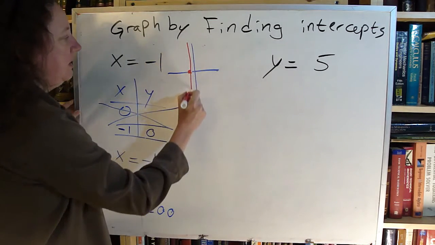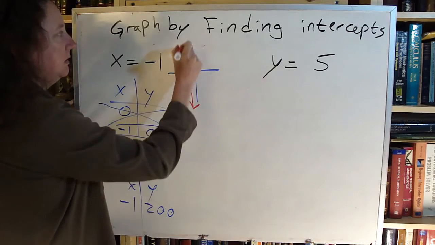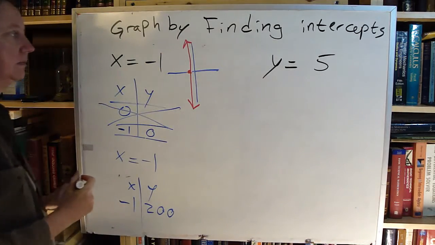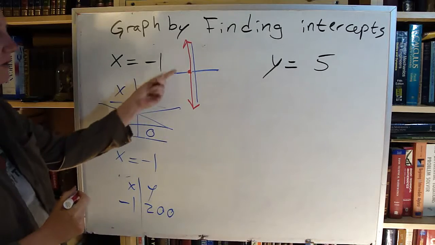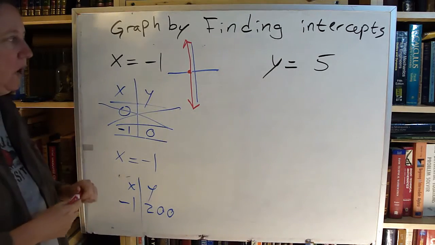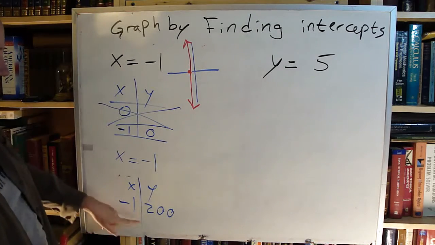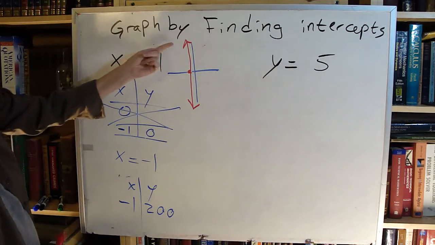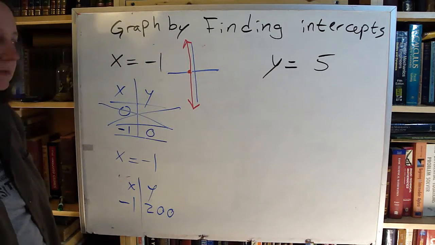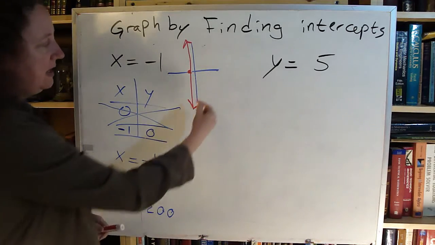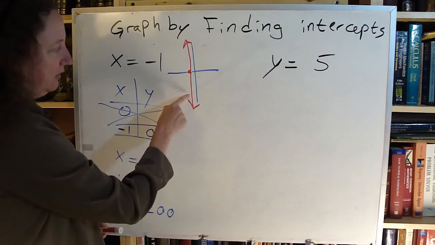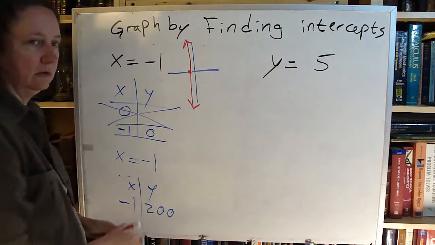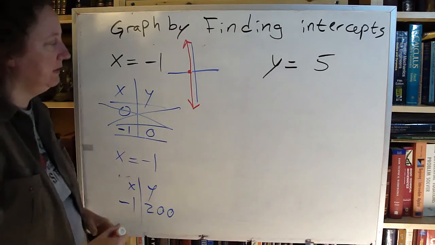The line itself for the equation is going to look like that. Because it does not matter what y is. Like I said, if y is 200, so way up here somewhere, x is still going to be -1. If y is -5, x is still going to be -1. So this is going to give us a vertical line.